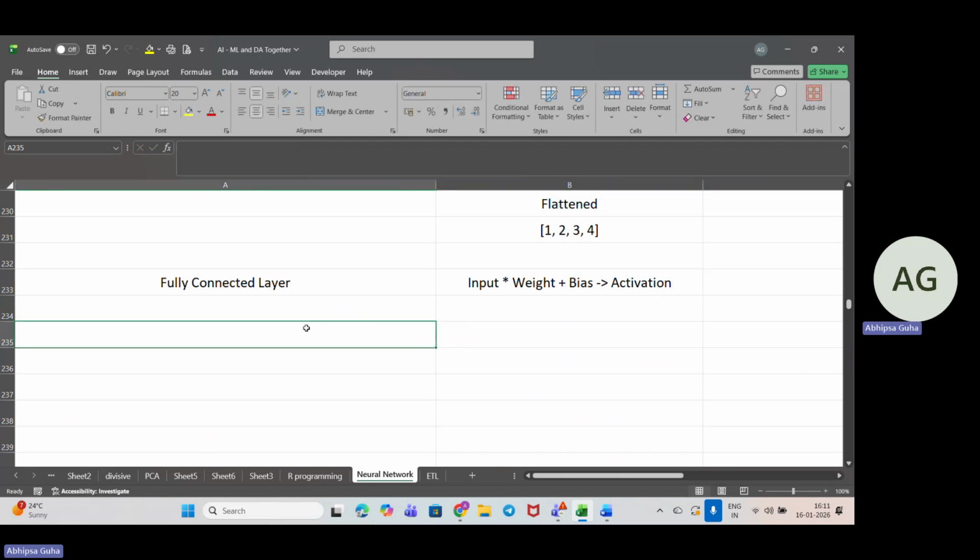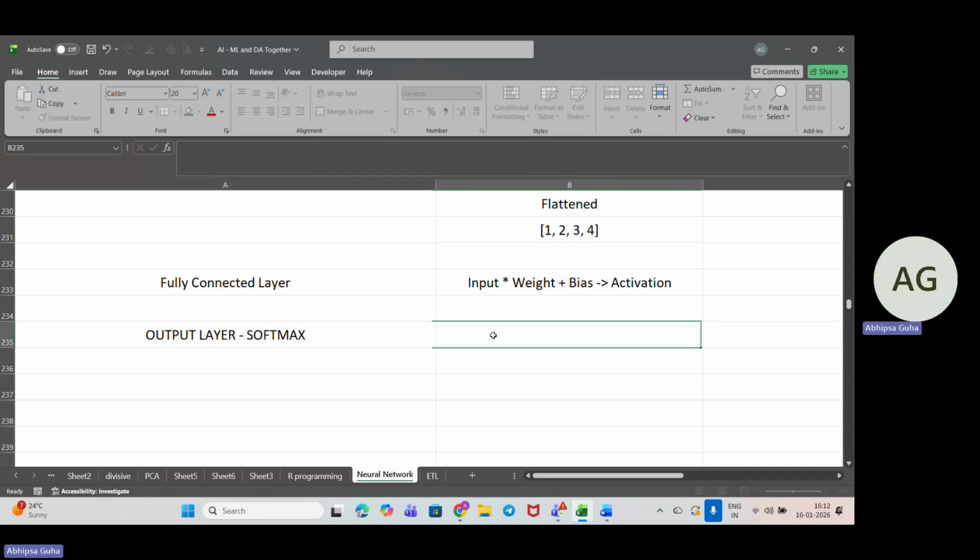After this, we have the output layer. What happens in the output layer? As in the general case, we use softmax.